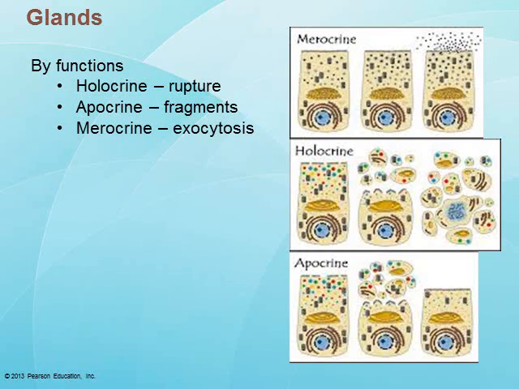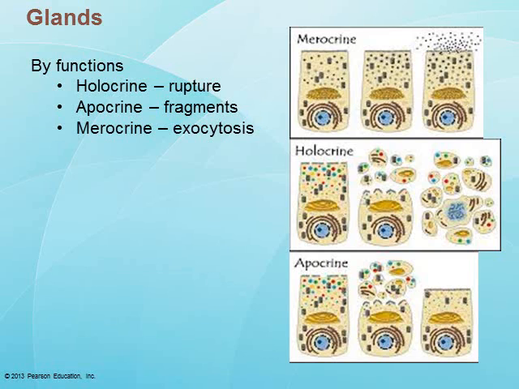And holocrine and apocrine are the ones that have the secretions concentrated inside the cell first, and holocrine will rupture when you need those secretions, and apocrine will rupture just half of it, releasing some fragments into the part where you need to secrete and sending the secretions out. So by the way they secrete things out, we have those different types of glands.